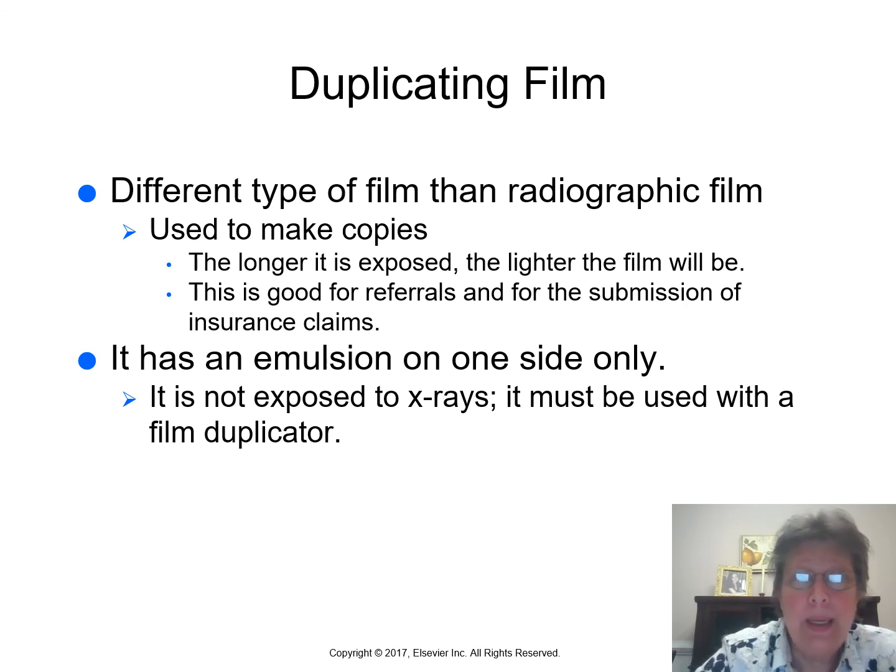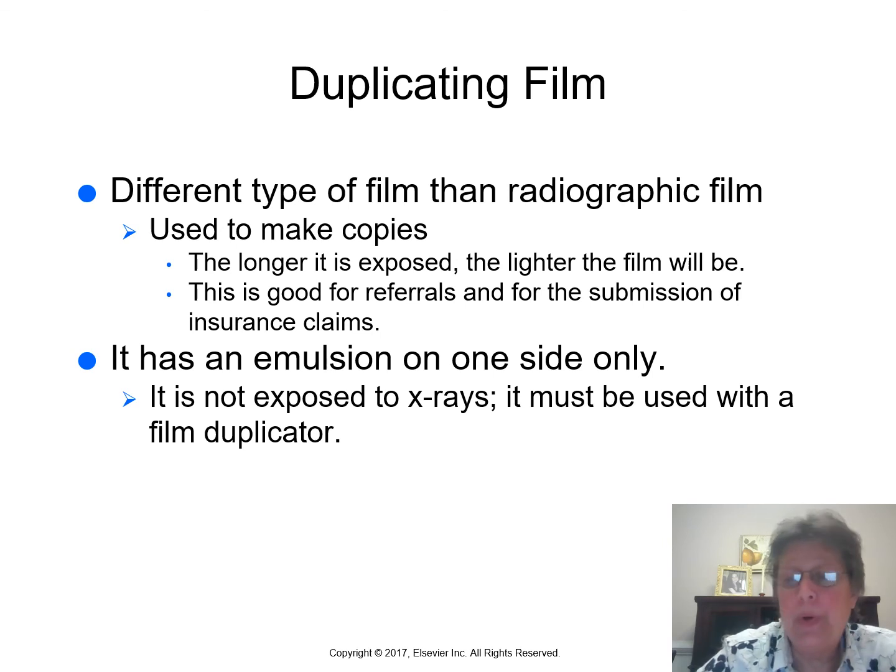You have to have a duplicating machine with a white light. The processing for this is a little bit different. What happens is the machine has a little white light source about the size of the film.